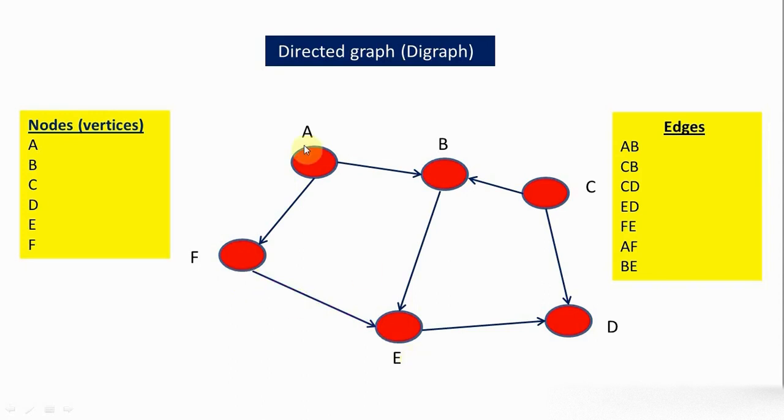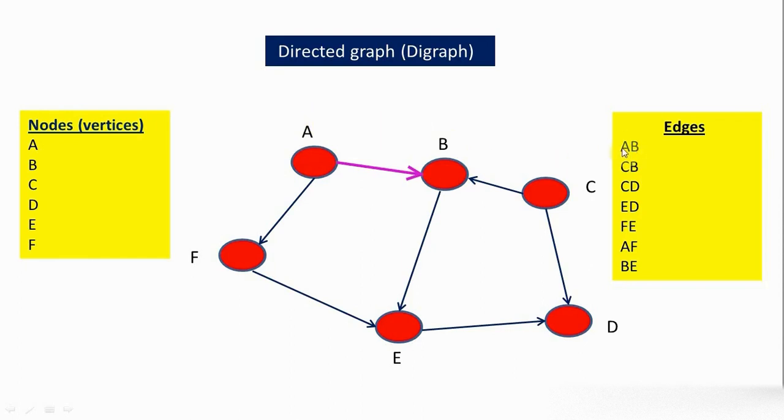So as I have told you in the previous slide, that these all A, B, C, D, E, they are nodes, or they are called vertices. So A, B, C, D, E, F, all these are nodes, and there is a thing called edges. Now, because the path is from A to B, I would say AB is the edge.